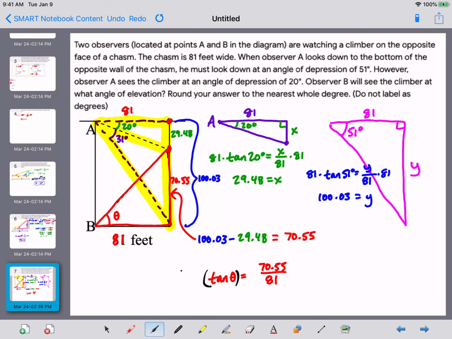Go ahead and do the tangent inverse. And we'll get theta is tangent inverse of 70.55 divided by 81, which gives us about 40, what are we rounding to? The nearest whole degree, so 41 degrees.